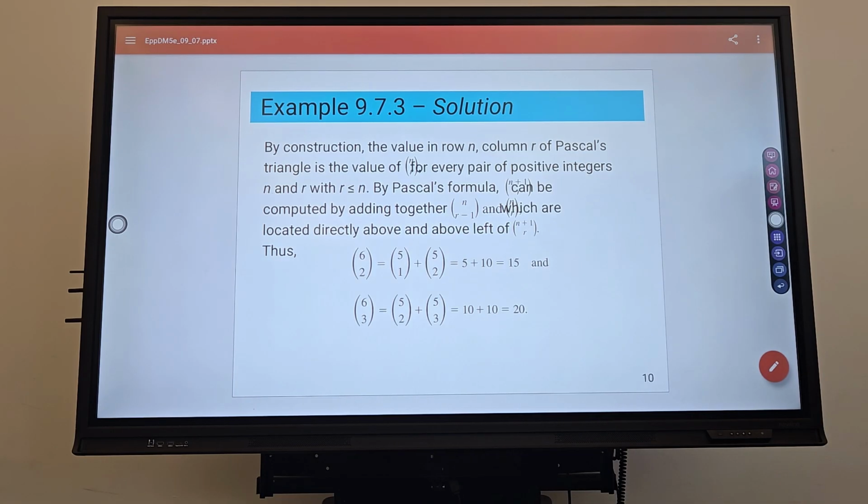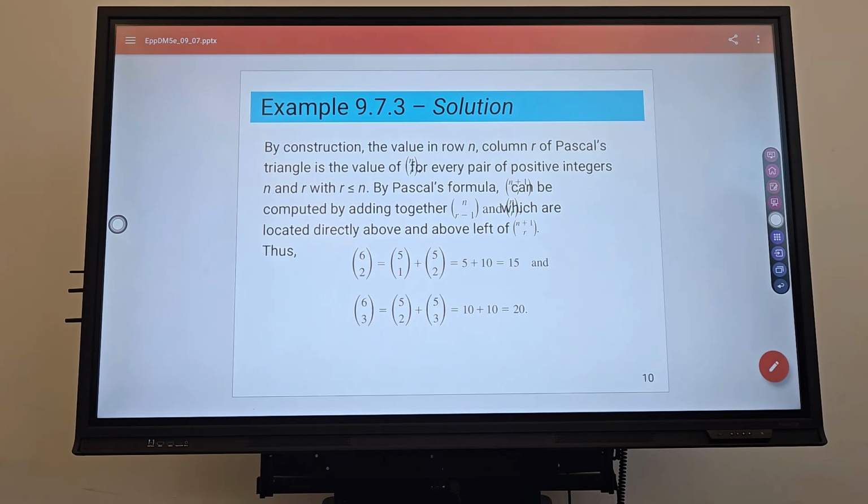By Pascal's formula, n plus 1 choose r can be computed by adding together n choose r minus 1 with n choose r, which are located directly above and to the left of n plus 1 choose r.